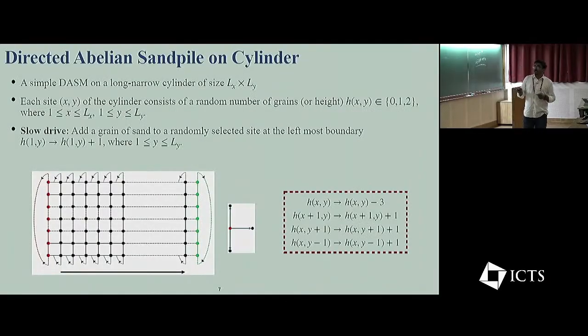In our case, I'm trying the directed Abelian sandpile on a cylinder, where we have a long cylinder, and since it is directed, all the flow of the grains will be in only 3 directions: forward, upward and downward. This is the relaxation rule for the sandpile on the cylinder.